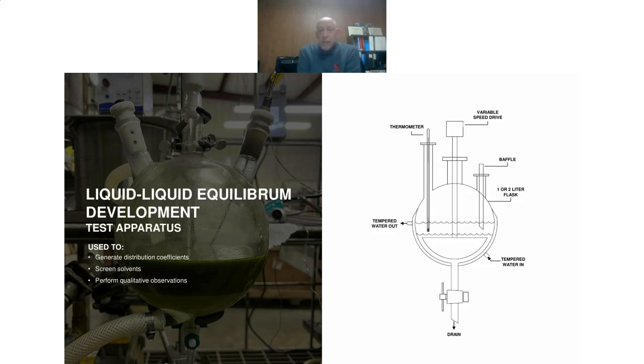One of the really nice things about liquid-liquid extraction is that it's very, very easy to generate your liquid-liquid equilibrium data for your process. We like to use what you show here in the picture and what you see in the example over here, a round bottom reaction type flask with a jacket so that we can control the temperature, and a bottoms takeoff valve.